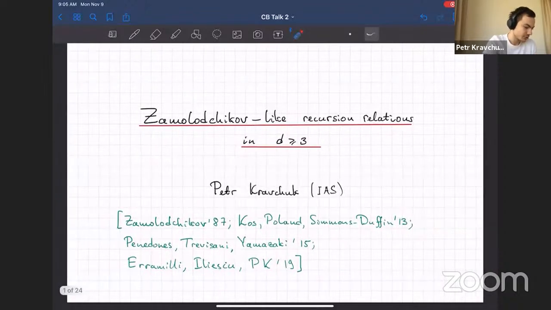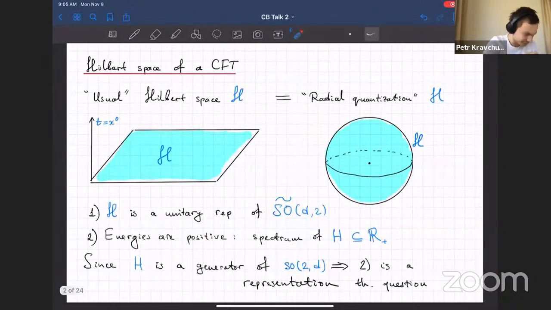So let me start. First, let me briefly address the question of what kind of conformal representations we have in higher dimensional CFTs. Let's start with the Hilbert space of our conformal field theory. To avoid some confusion that some people apparently have: when we work with general quantum field theories, in Minkowski space we often talk about quantization by flat slices.